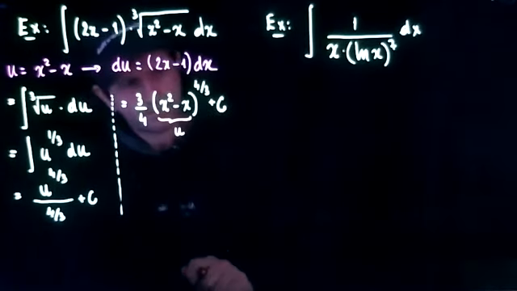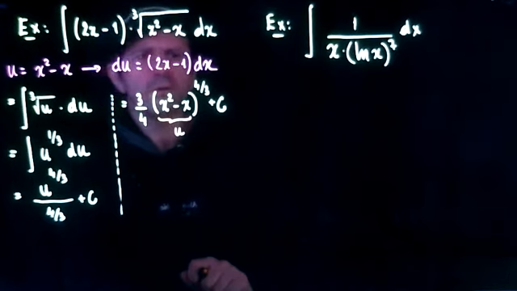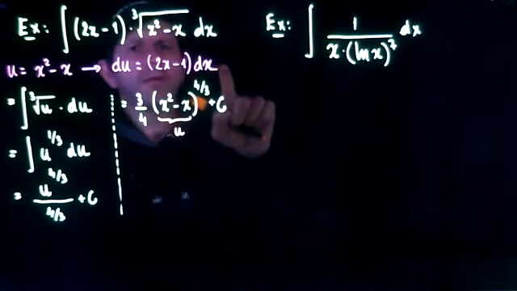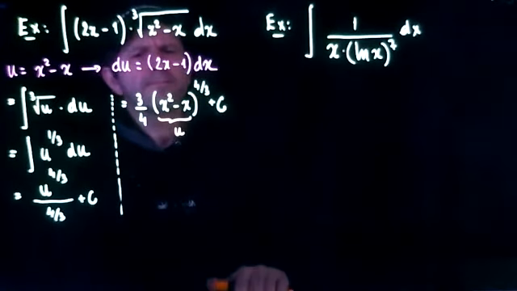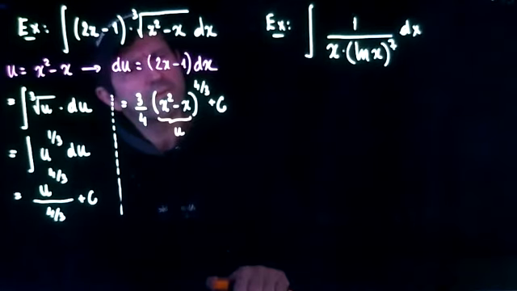And why didn't we divide the du by 2 in the first place? In the pink? Why didn't we divide the du by 2? Why do you want to divide by 2?